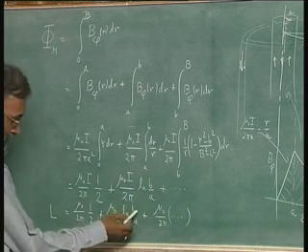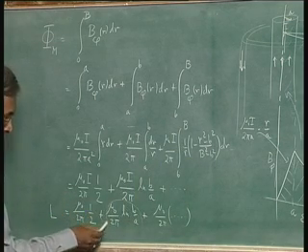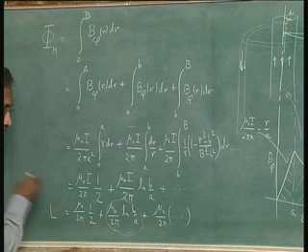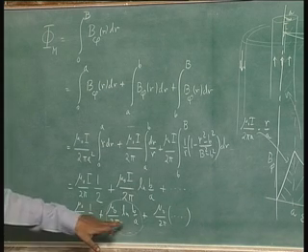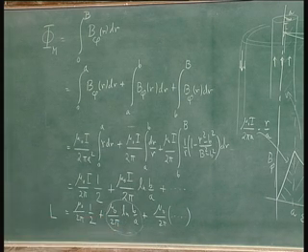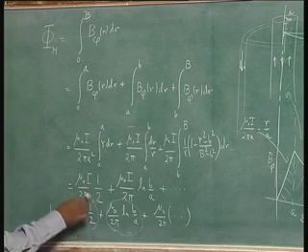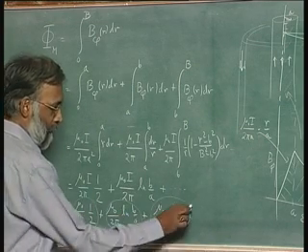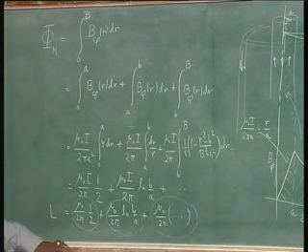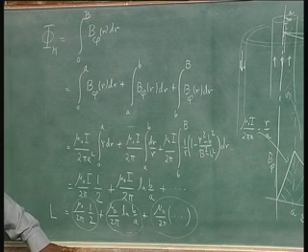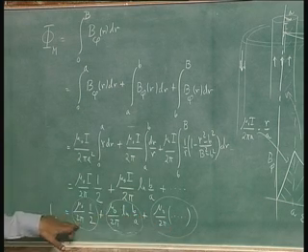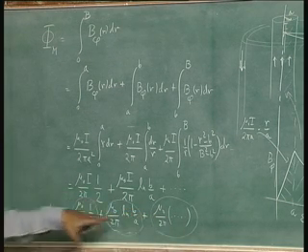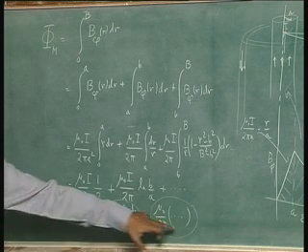Now, this term is the term we have already seen. This is our external inductance. This term and this term are the terms that we have not seen so far, and they are the terms that correspond to internal inductance.